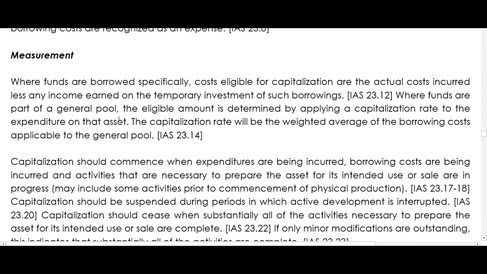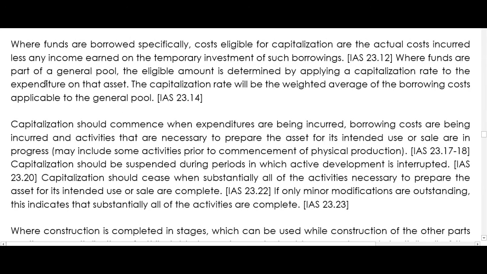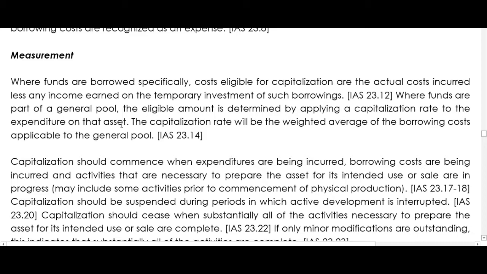So, madali lang siya. Where the funds are from a general pool naman, okay, so ibig sabihin yan ay galing sa general borrowings. The eligible amount is determined by applying a capitalization rate to the expenditure on that asset. Okay, so ibig sabihin, dalawa yung lalabas dyan, yung capitalization rate. So, kailangan mo i-compute yan.